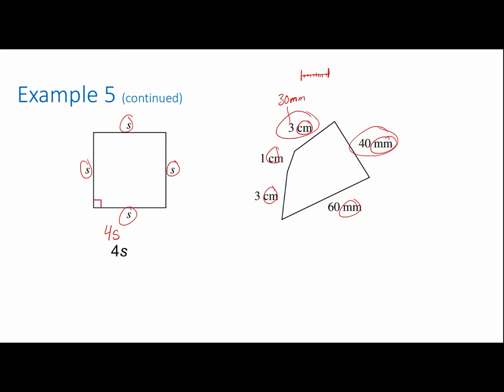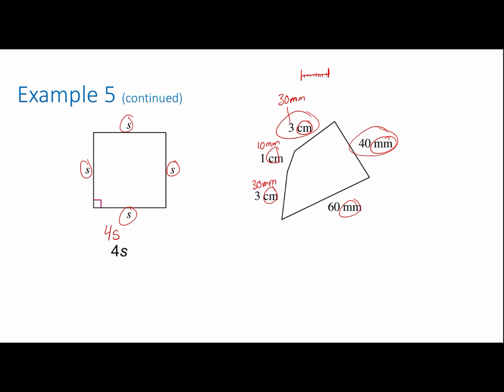And the 1 centimeter, which we just mentioned, is 10 millimeters. And 3 centimeters is 30 millimeters. Well, now we can add the 30, the 10, the 30, and then also this 40 and 60 millimeters, because now we do have the same measurements.